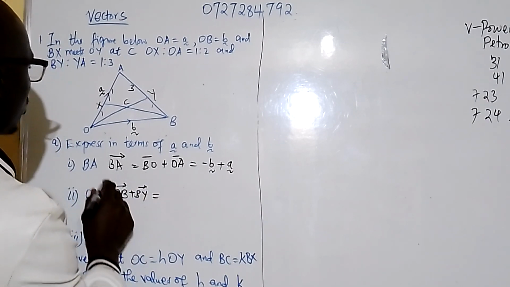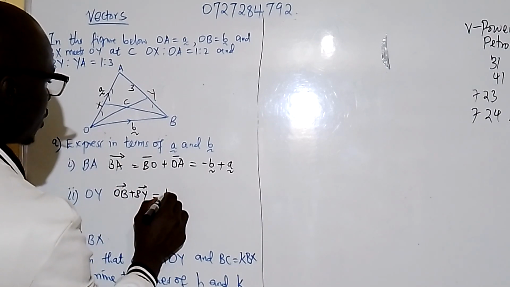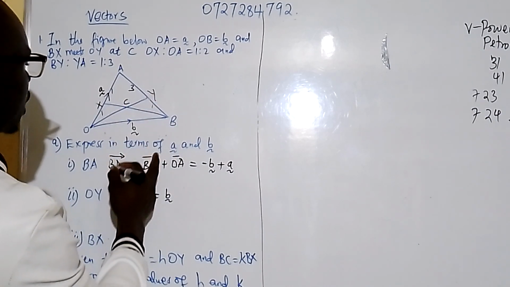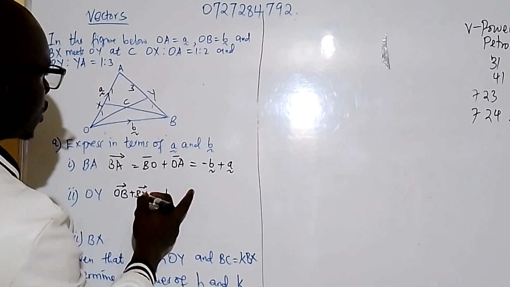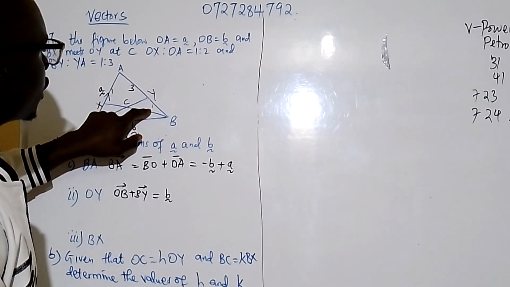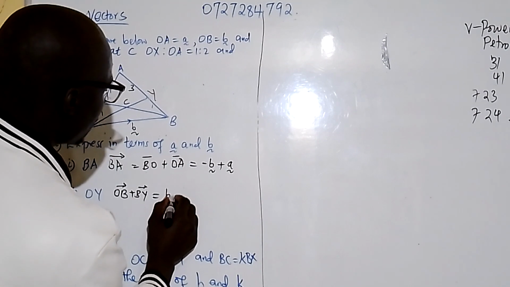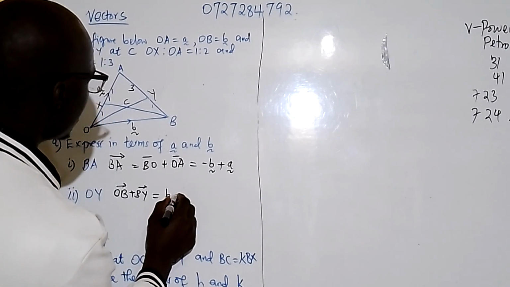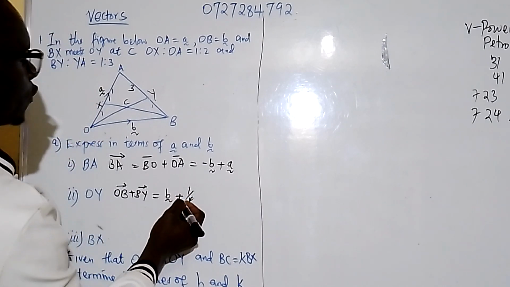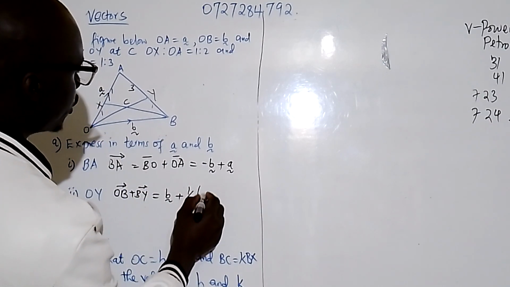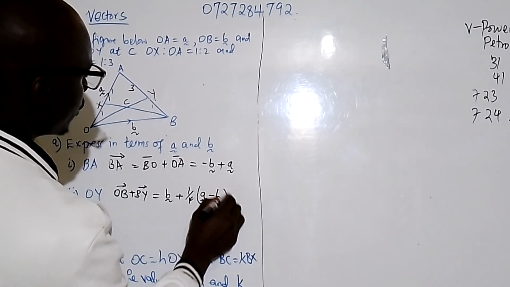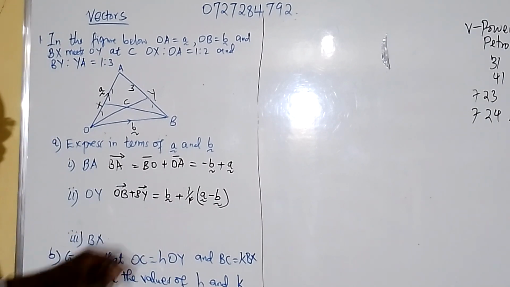So OB is vector B, and BY, we have vector BA, so we can get BY. The ratio is 1 to 3, so therefore BY becomes plus 1 over 4, of which 4 is the total ratio, into A minus vector B. That becomes our answer.